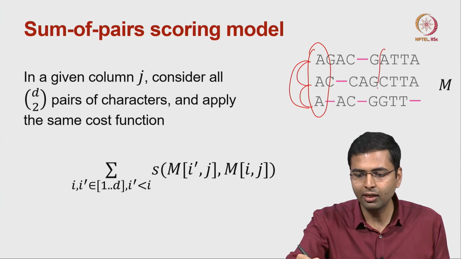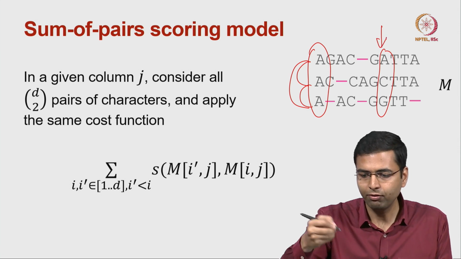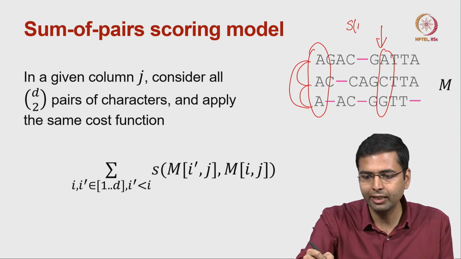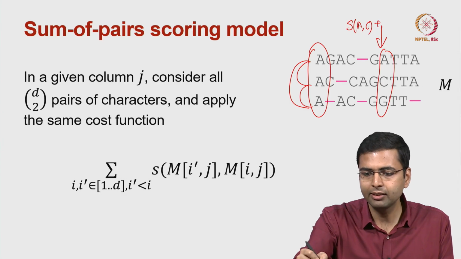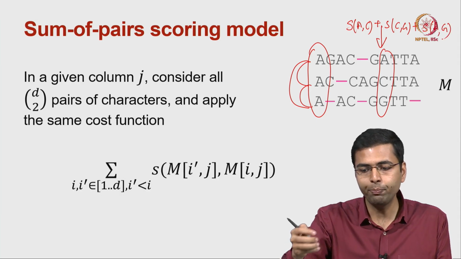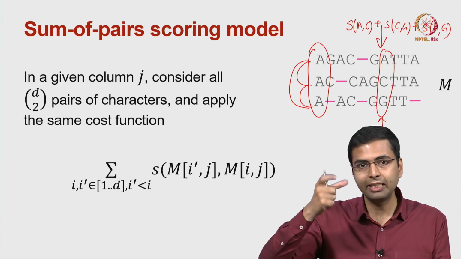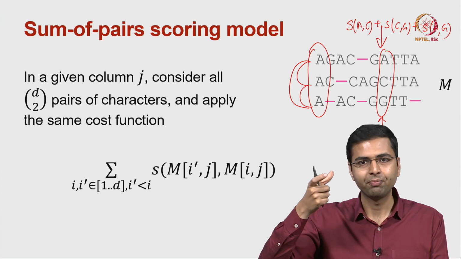Similarly, if I consider this particular column, then the scoring function for this column would be S(A,C) plus S(C,G) plus S(A,G), because I am considering all pairs, and for this column you have pair AC, pair CG and pair AG.